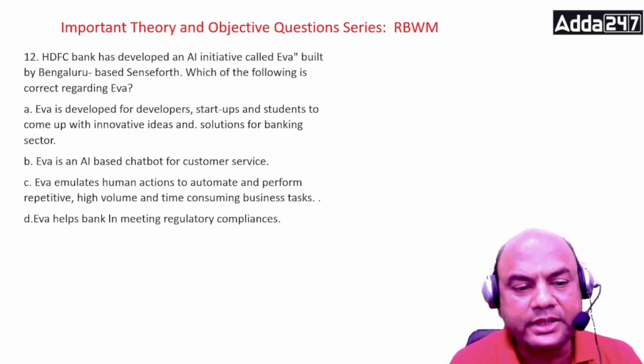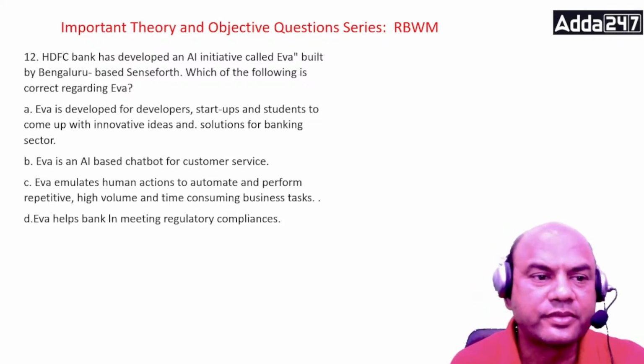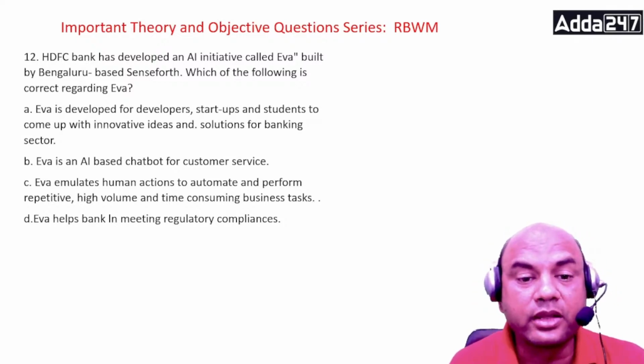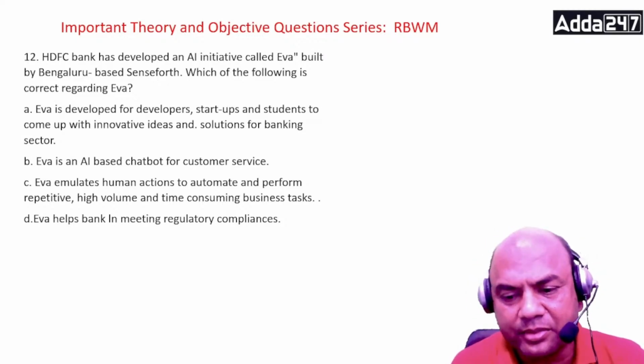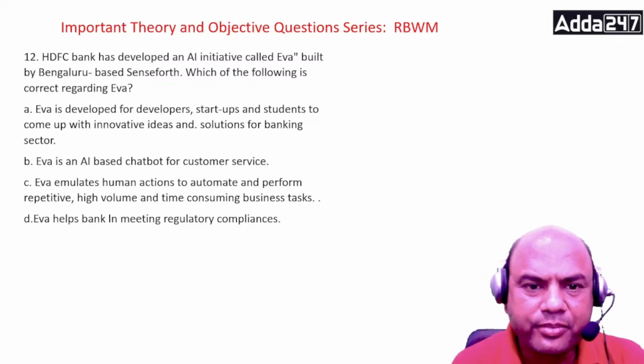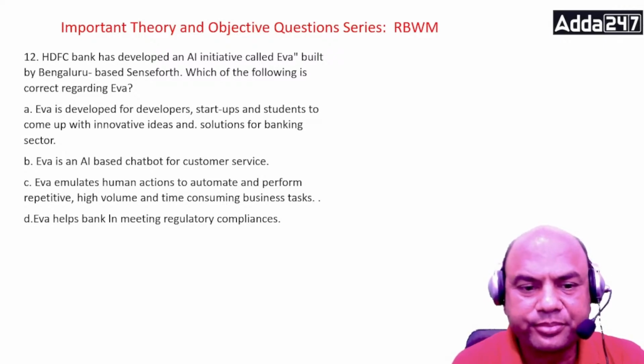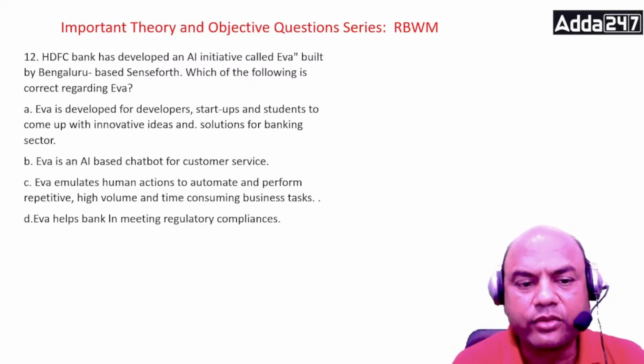EVA helps banks in meeting regulatory compliances. So what is true about EVA? Why is EVA developed, or why is SBI's ELA developed? Let's take both. Why is ELA developed? What is the reason?